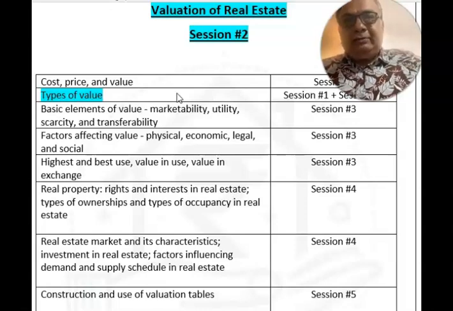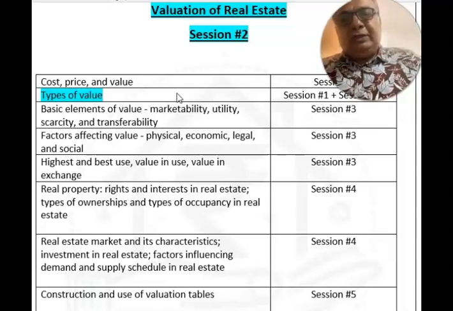Today we are starting the second session of valuation of real estate. In the first session, we learned cost, price, and value, and six other types of value, that is fair market value, book value, distress value, forced sale value, and liquidation value.